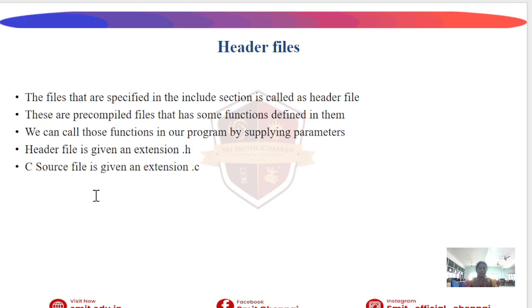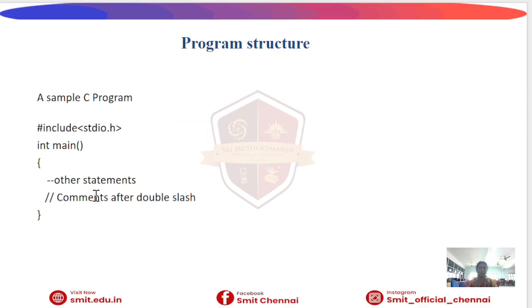Now let us look at a sample C program. The #include <stdio.h> is a header file. This header file inclusion allows us to use predefined functions like printf and scanf. The main function, int main, is the starting point of the program.